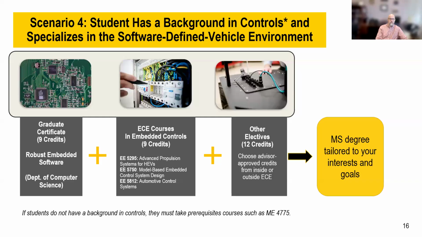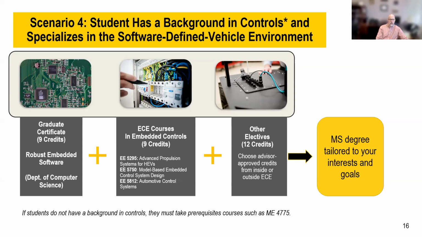So next slide. So there's another possible scenario. So we have a new program that's kind of being focused on software-defined vehicles. It's kind of related to the automotive world. So there's a certificate that's just brand new coming from the computer science department for robust and embedded software.